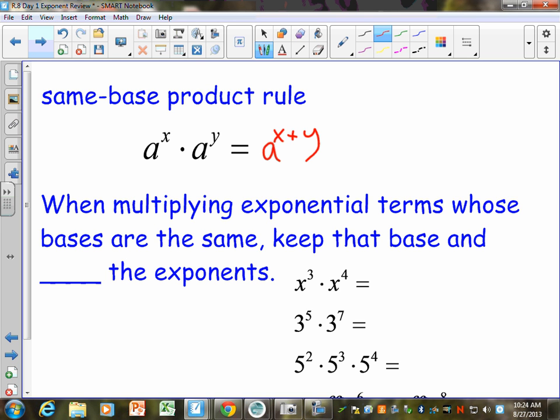And if you don't want to write this part out, which I'm fine with, just write these little examples out. Should give you some real number examples. But the rule says when you multiply terms whose bases are the same, you keep the base the same, and you add the exponent. This is what the little fill in the blank there is.